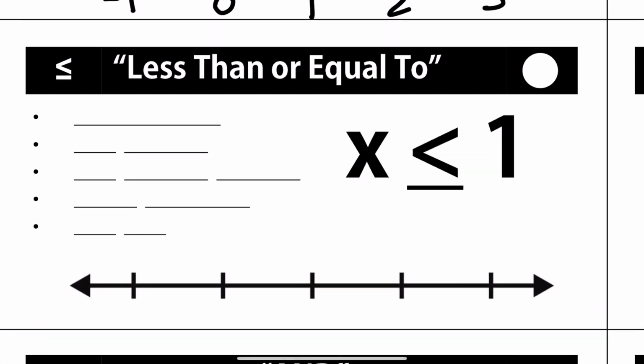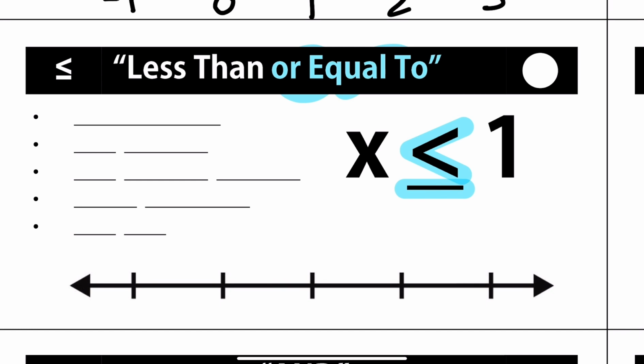That or equal to part is given to us by the line that's underneath this thing. That line says or equal to. The signs on top are just going to stay exactly the same as what they meant up there. Less than or equal to.